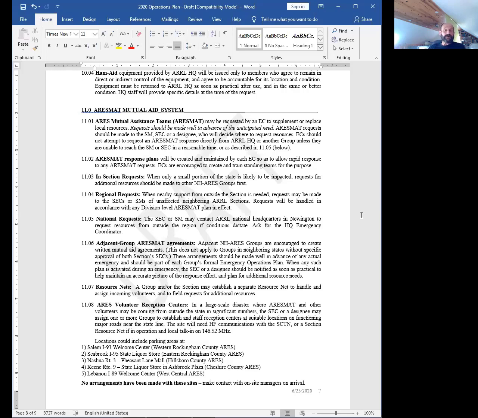But at the group level, where you actually have the members, you have, in theory, the capability to both receive and to send out. So I'll open it up and see if anybody has thought about that and has built it into their plan. And I would guess that means nobody.